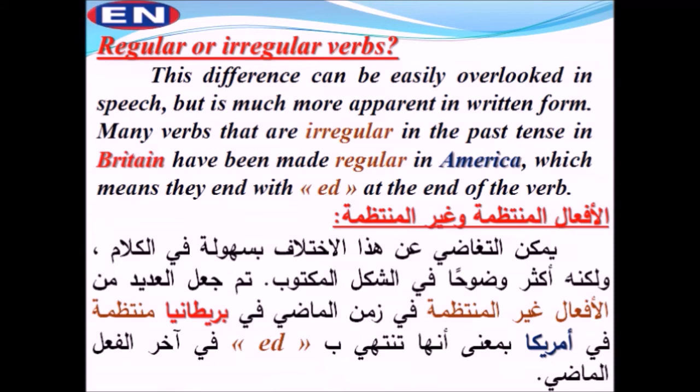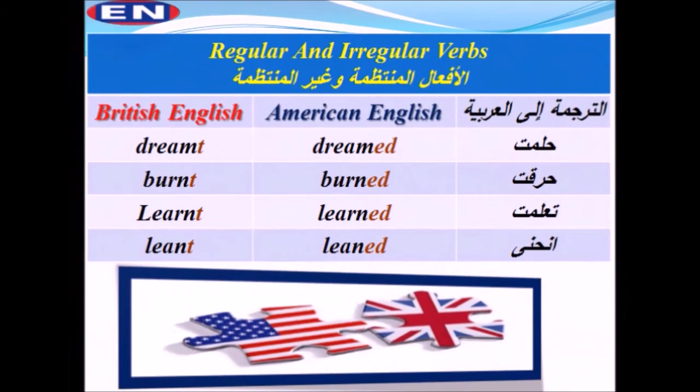Let's move to another difference, which is regular or irregular verbs. This difference can be easily overlooked in speech, but is much more apparent in written form. Many verbs that are irregular in the past tense in Britain have been made regular in America, which means they end with ed at the end of the verb. By taking examples in this difference, you're going to understand this rule.